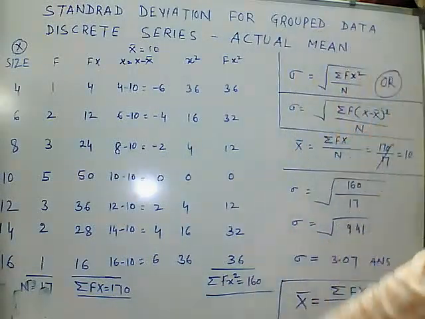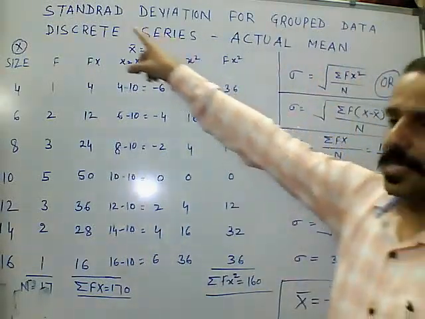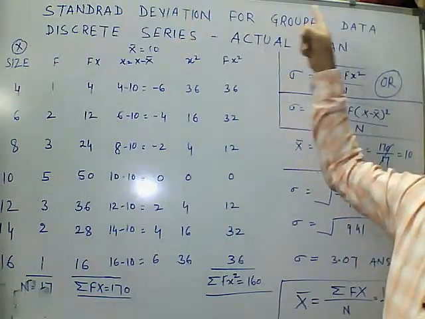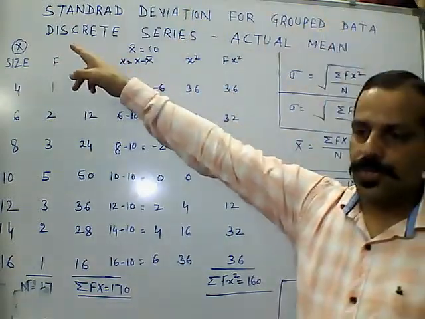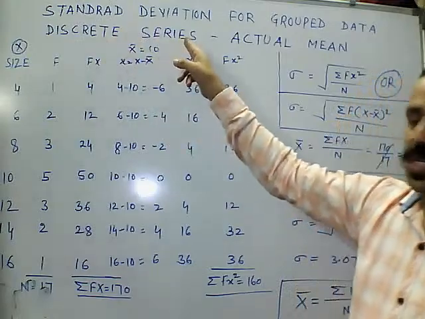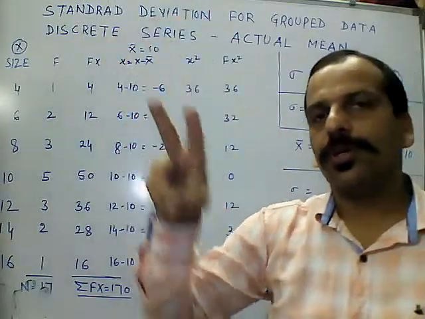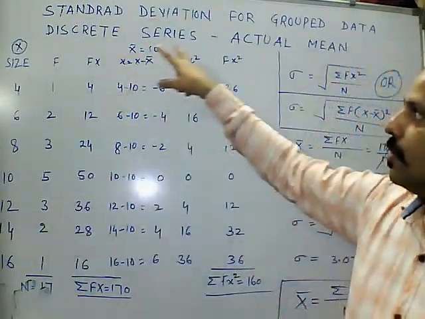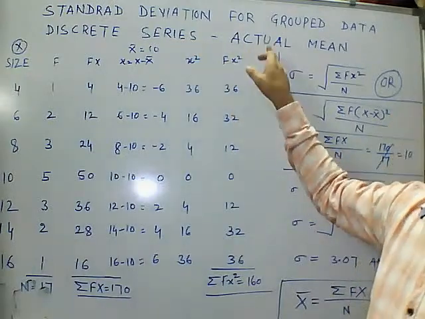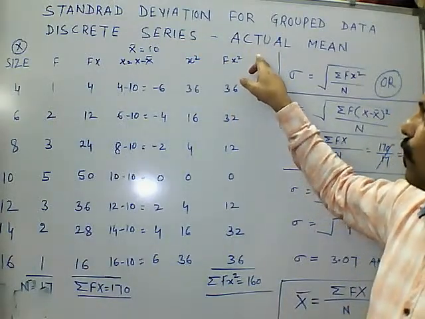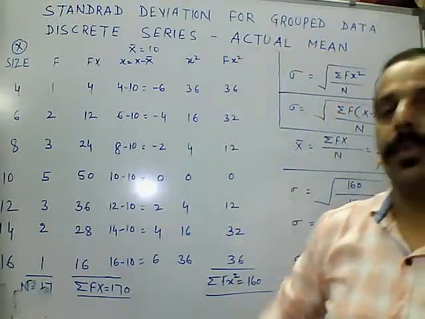So let us recap. Standard deviation for group data. Which series? Discrete series. Yesterday I taught you the individual series. Now today we have discrete series, and in this case, what method do we have to use? Actual mean method.